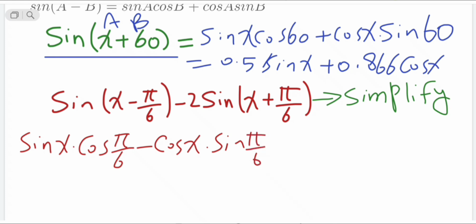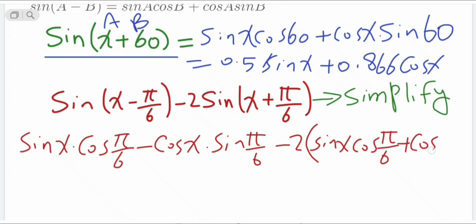Clear? Then minus 2, put a bracket, and open this formula: sin(A + B), where A means x and B means pi over 6. So sin A cos B plus cos A sin B, with pi over 6.